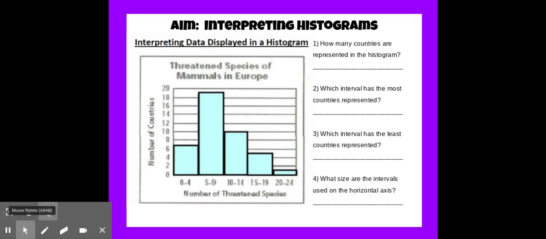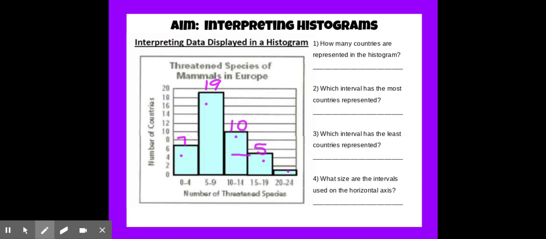The first one's asking us how many countries are represented in this histogram. So what we're really doing is we're just adding up the top of each of these. For this one, I'm going to say this is 7, even though you might think it's 6, let's just all be on the same page. The height of this one's about 19. The height of this one is on the line, so I'm going to say 10. The height of this one's in between, so I'm going to say 5.